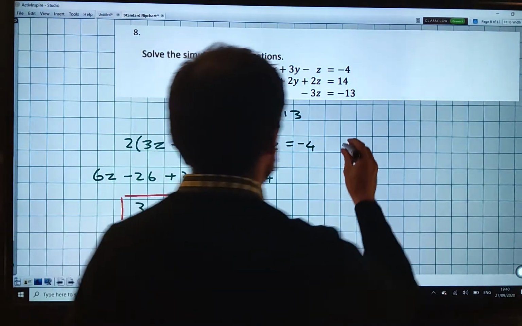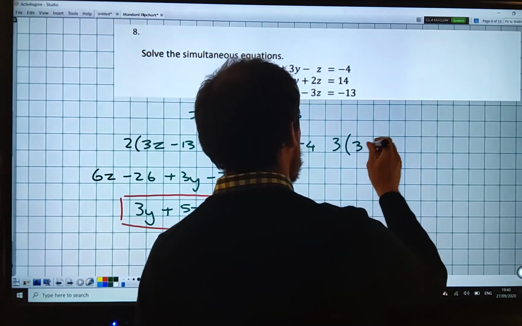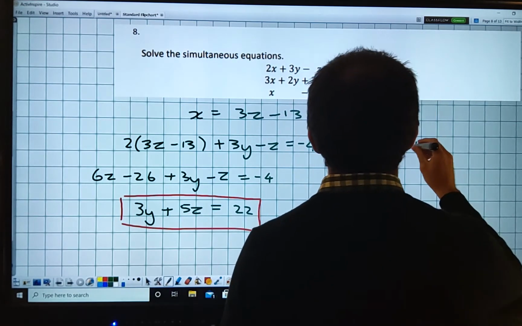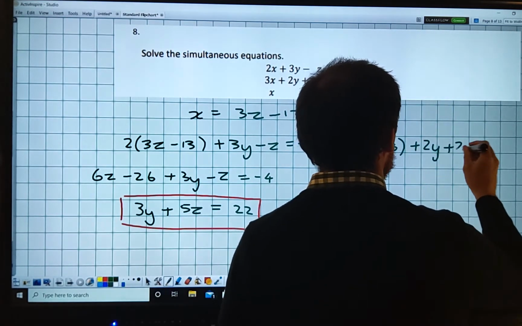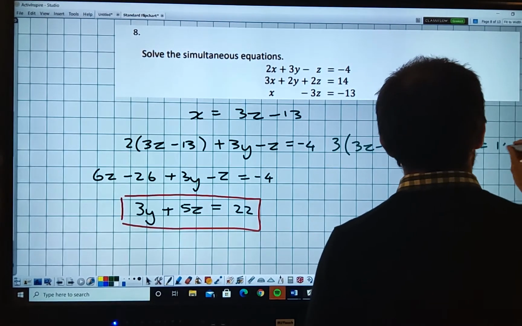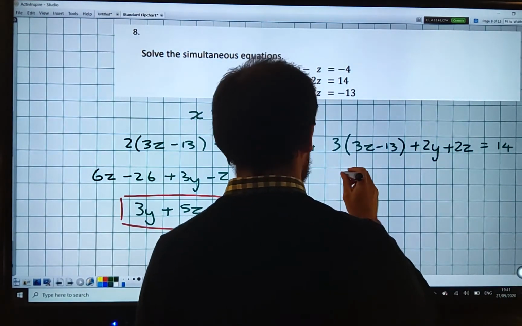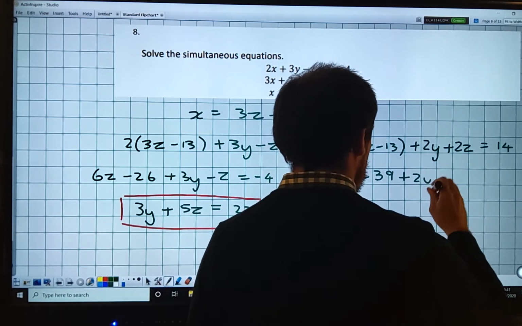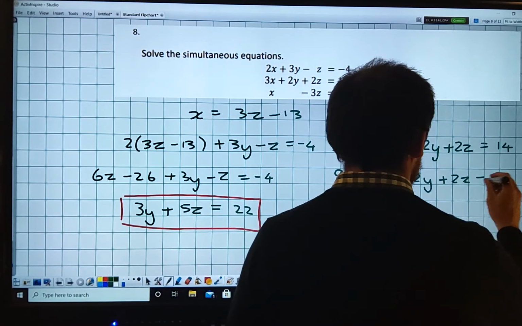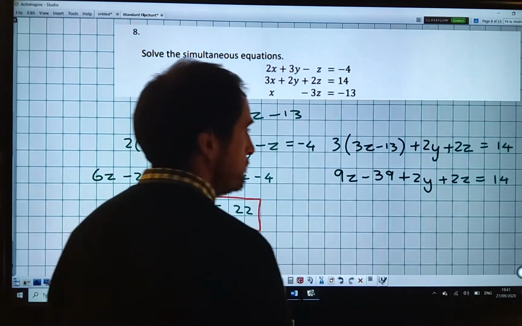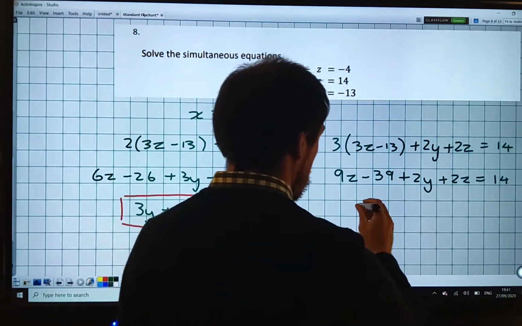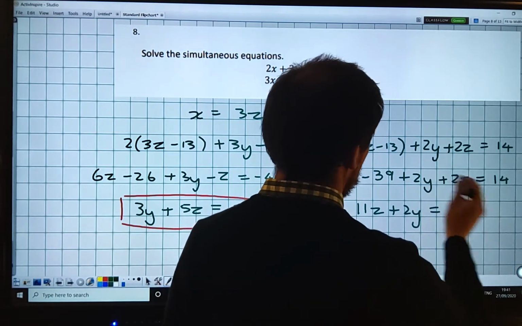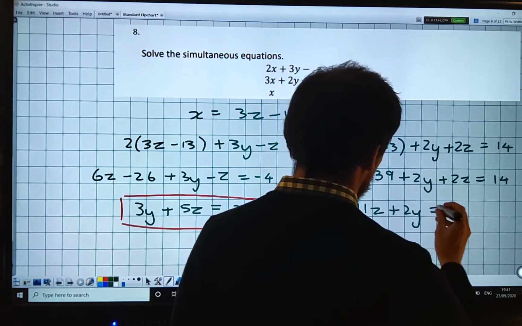Second equation here, 3 times 3z minus 13 plus 2y plus 2z is equal to 14. So now I can say 9z minus 39 plus 2y plus 2z is equal to 14. So what I have now is 11z plus 2y is equal to 14 plus 39, which is 53.